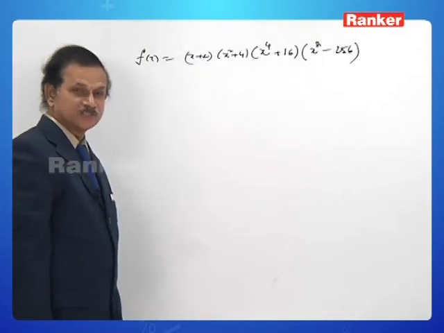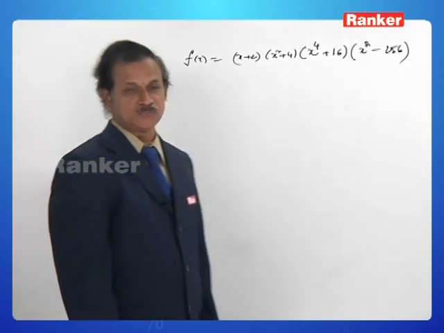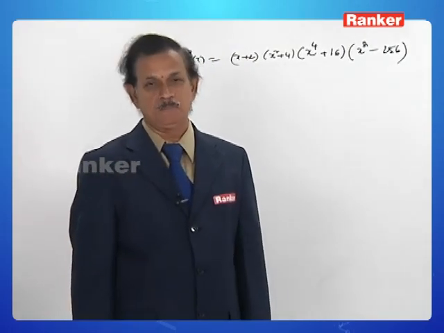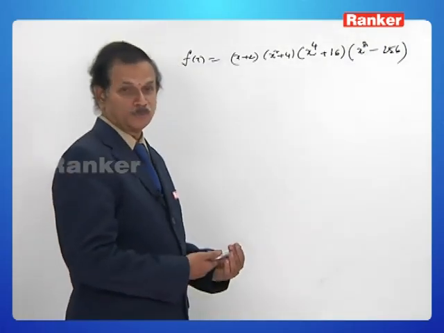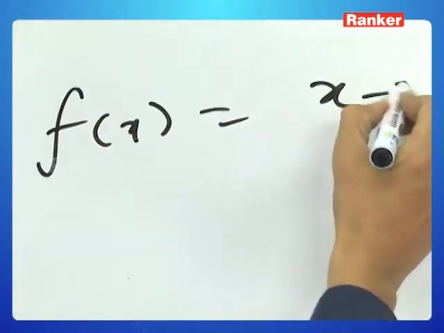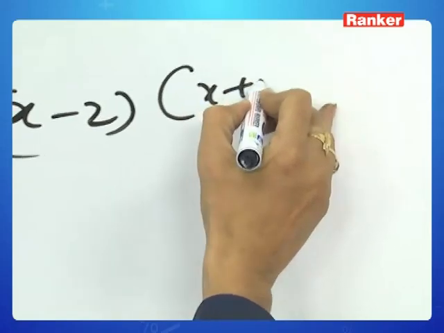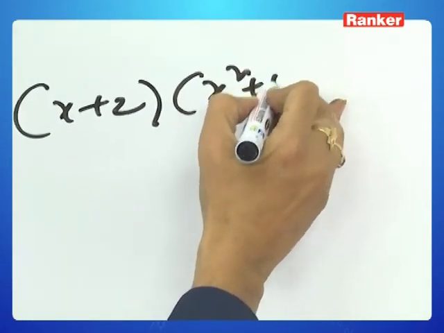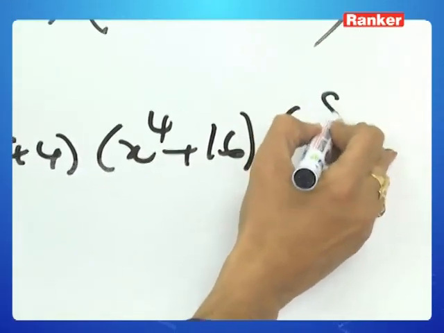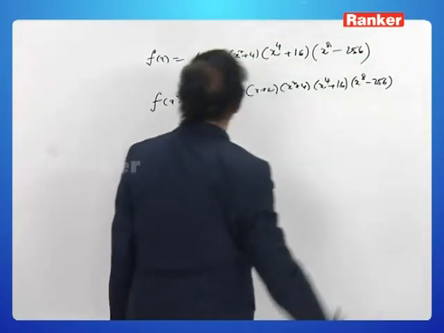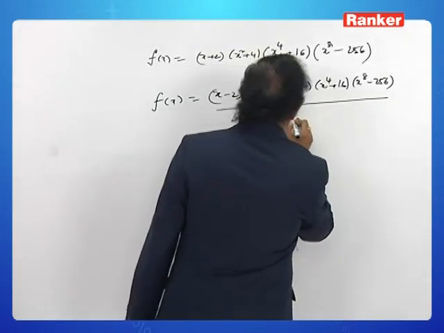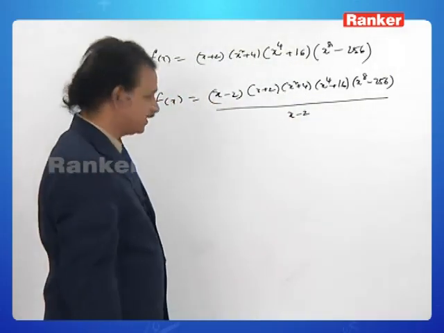See, if at all there are only two functions, we use UV formula. If there are three functions, we apply UVW formula. Here there are 4 functions. What do you notice? It's very simple. F of x is equal to, I could have multiplied and divided with x minus 2.